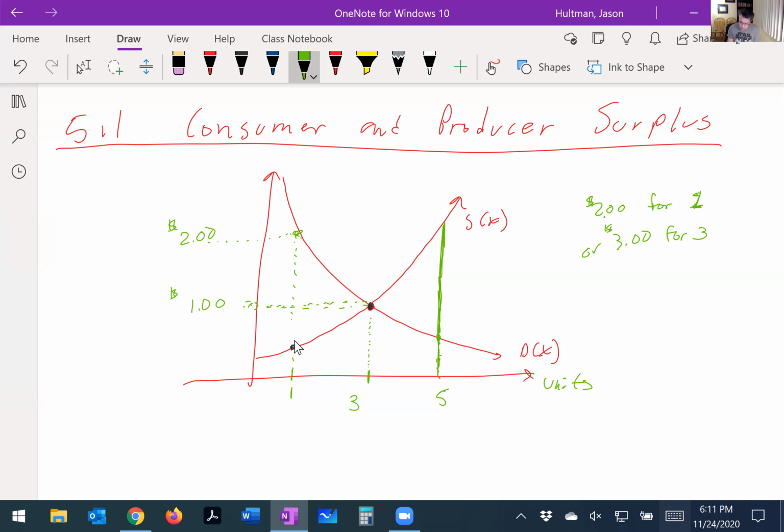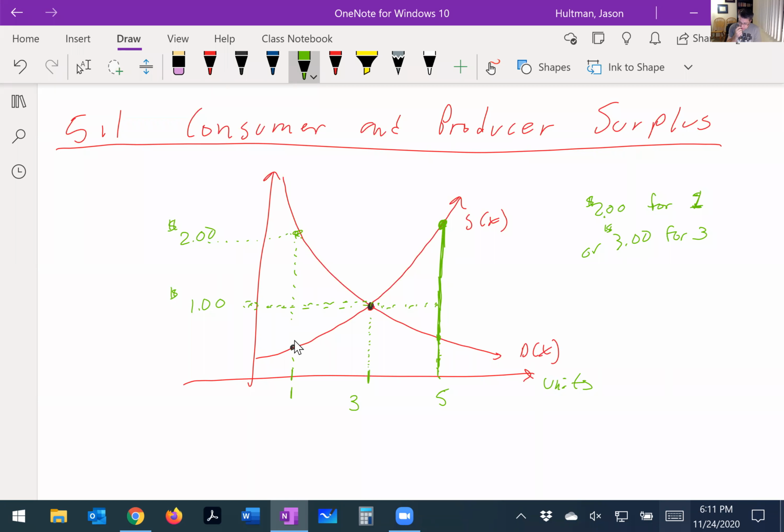So for example, there's a difference between what the seller would actually sell at versus what the seller has actually agreed to sell.